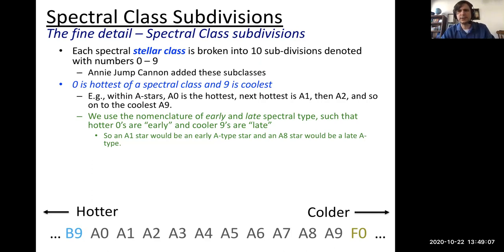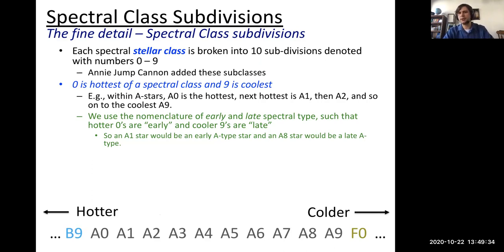Also, if you're going to be hobnobbing with your stellar scientist friends, the people that study the stars, some additional terminology. These lower numbers, the hotter ones, like the zeros, ones, twos, we call the early types. So we might say that A1 star is an early A. I know it's a little bit weird, but this is the terminology people used.